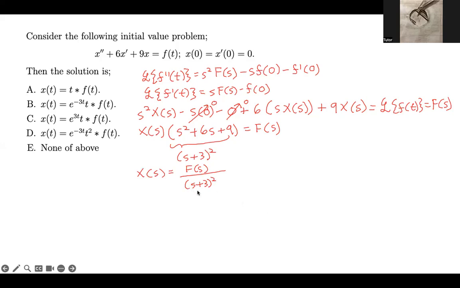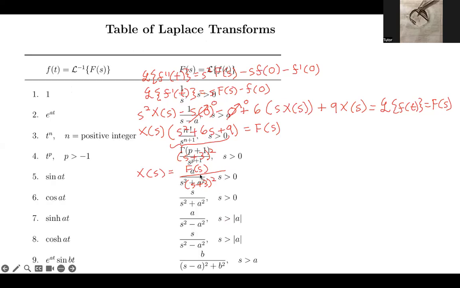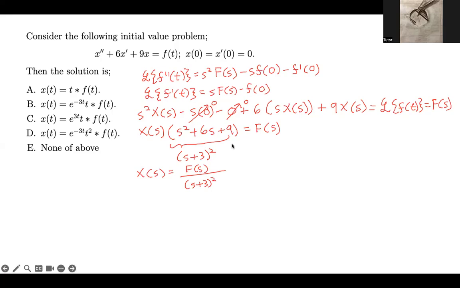And now we can apply the convolution to this simplified equation. What will that look like? So you'll write apply convolution.